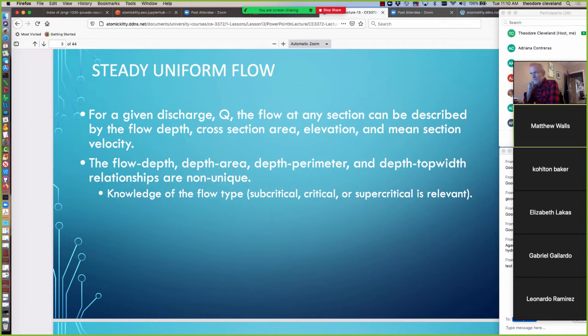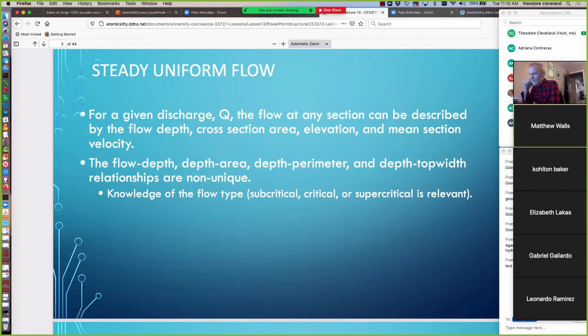The flow depth-area, depth-perimeter, and depth-top width relationships are all non-unique, which means there can be two different answers that still produce the same flow rate, depending on the flow regime. Knowing whether the flow is subcritical, critical, or supercritical is important in determining which of the solutions we will use in a particular application.